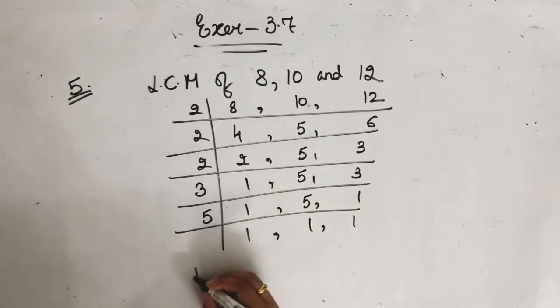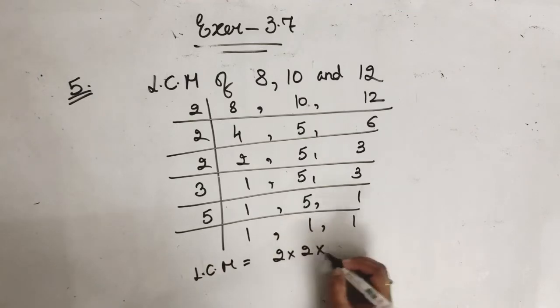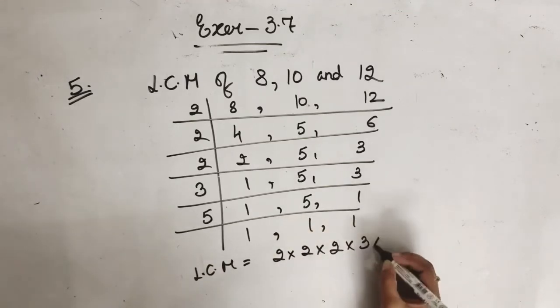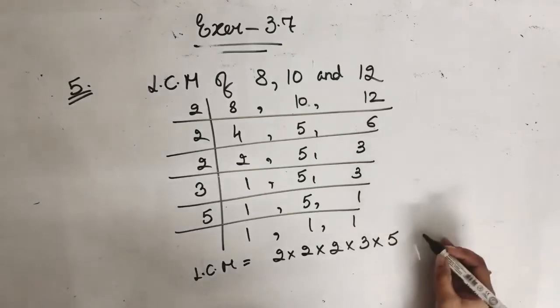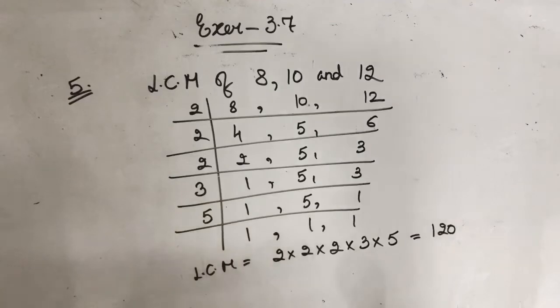So now LCM is equal to the product of 2, 2, 2, 3 and 5, and the product is equal to 120. And now you have to find a 3-digit common multiple.